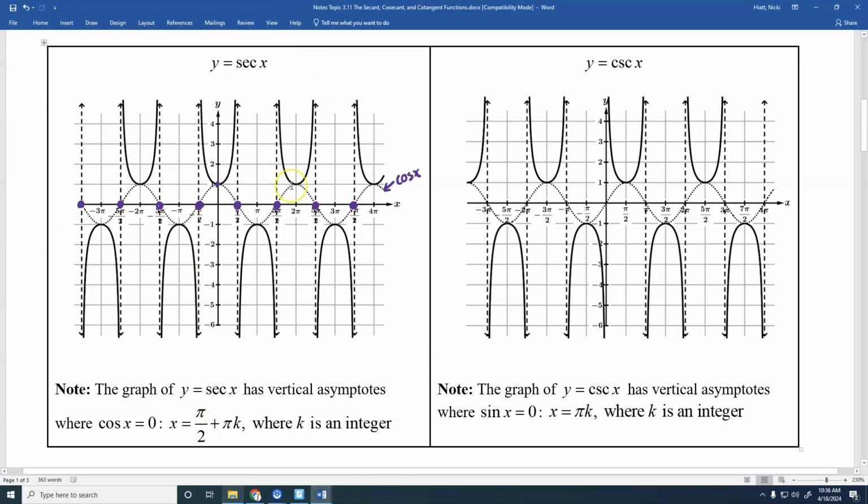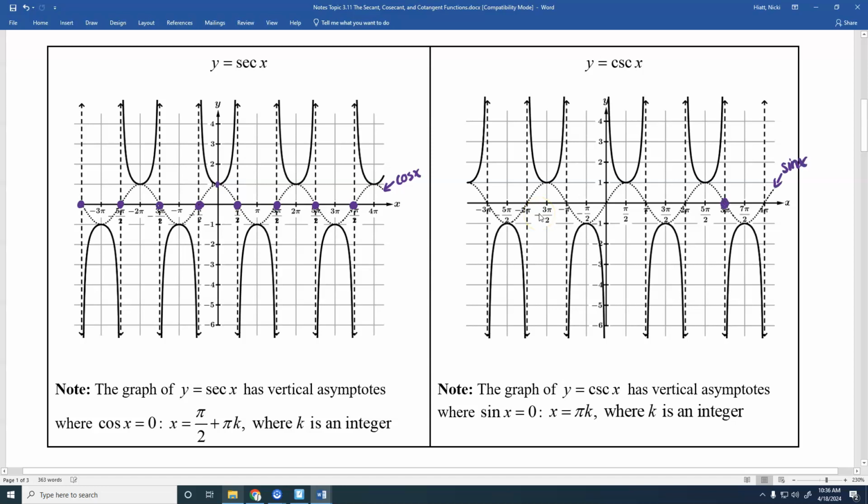All right. So this is secant. Secant is based off of cosine. Cosecant is based off of sine. So the only thing that happens with sine and cosine is that they're just shifted over a little bit, right? So cosecant is just going to be the same graph as secant, except shifted over a little bit. Notice right here, this is the graph of sine of x.